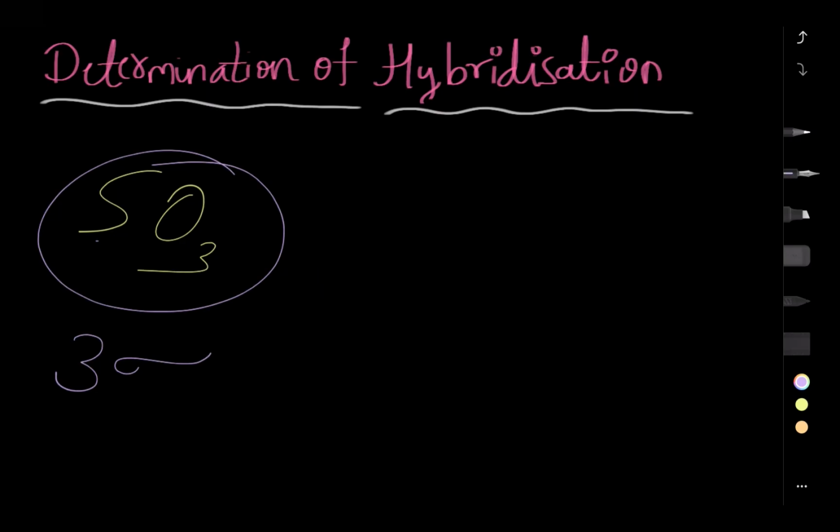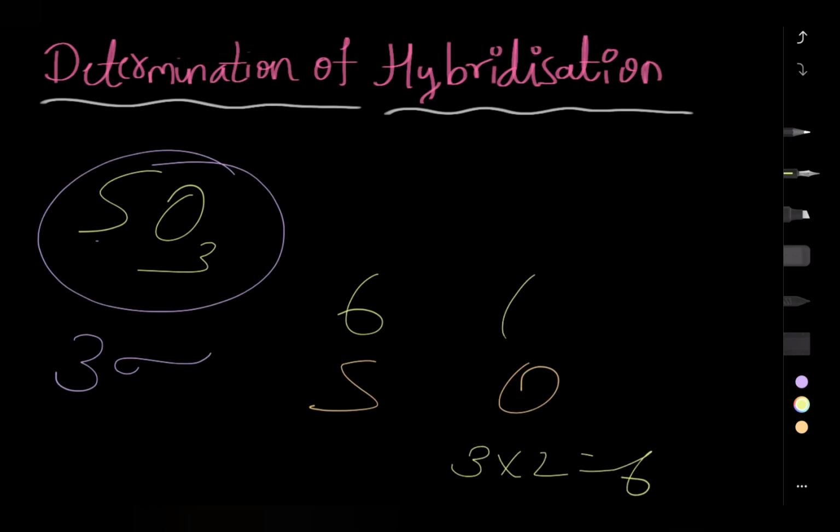Sulfur has 6 electrons with it, and oxygen took 6 electrons because oxygen has valency 6 and wants two electrons. As we have 3 oxygens, 3 into 2 equals 6, it took 6 electrons. So for the lone pair we subtract this number, and it will be 0.